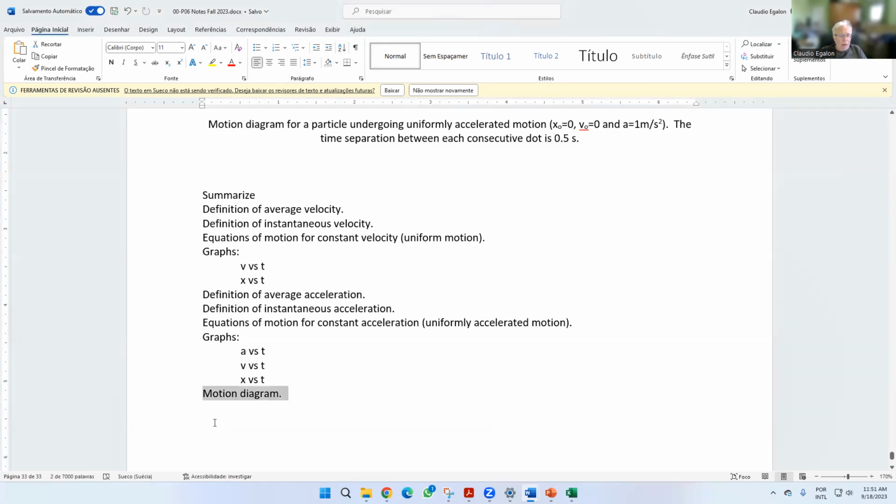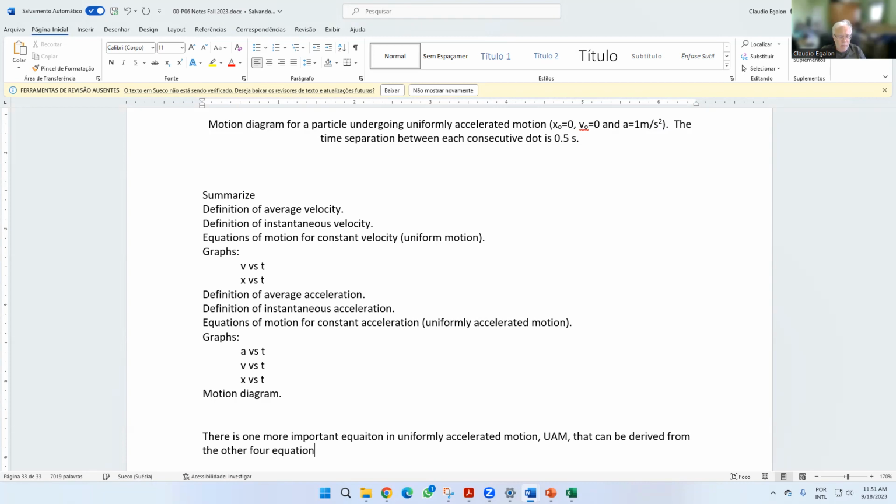There is one more important equation for uniformly accelerated motion, UAM, that can be derived from the other four equations.